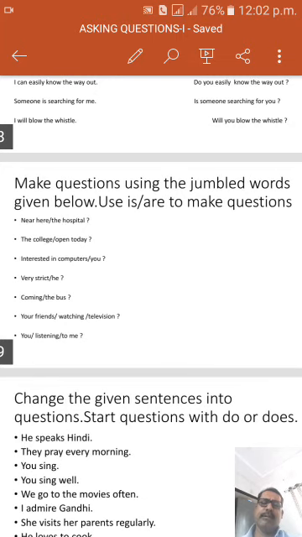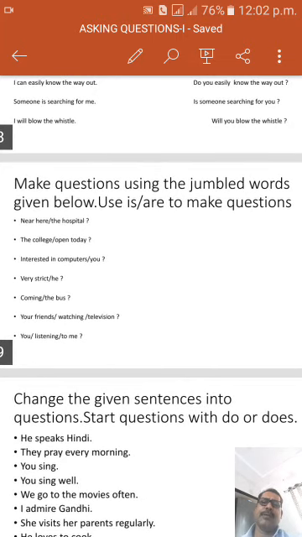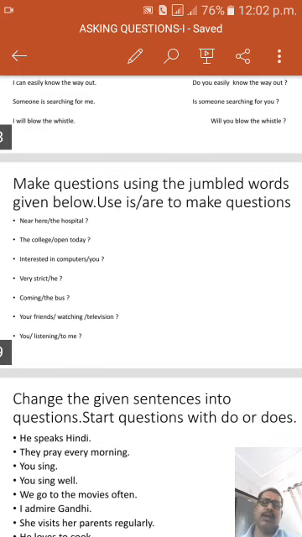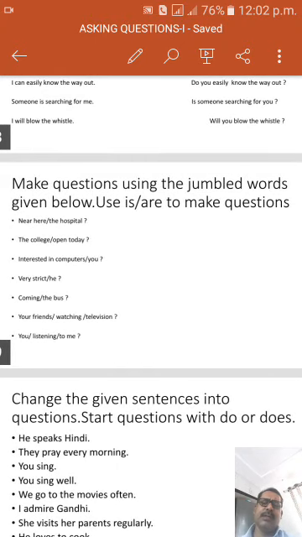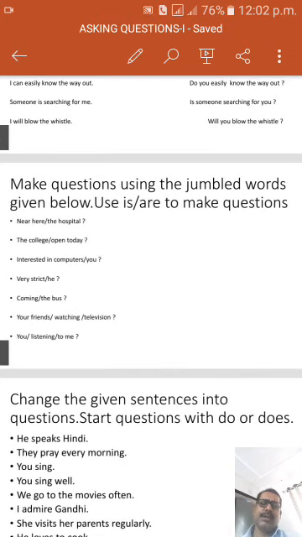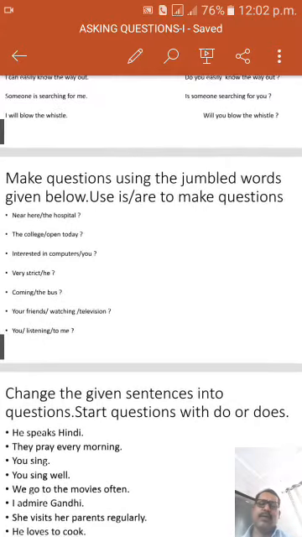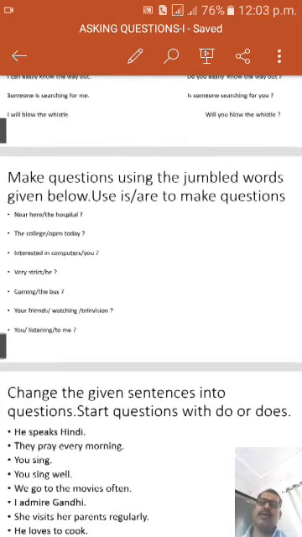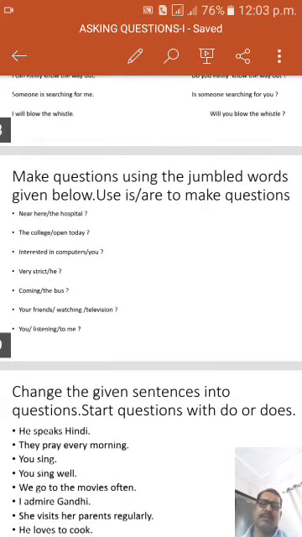So in this activity first you have to identify whether the subject is singular or plural, or whether the verb is in present tense, past tense, future tense or continuous tense. So these things you have to observe. If the subject is singular, use a singular verb.